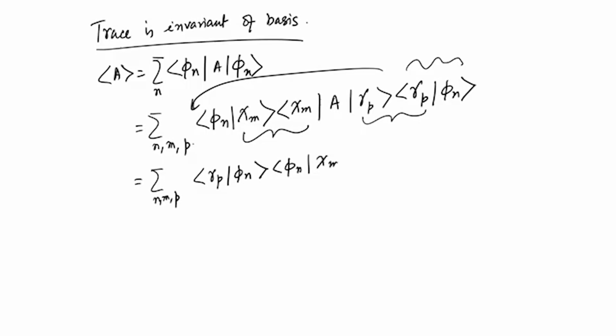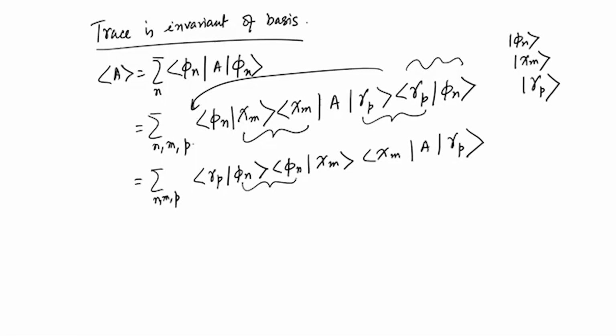Then we have a chi m, and so this chi m, and then there is a gamma p. Okay. So, this gamma p, phi n, chi m, a, gamma p, where all these phi n is a basis, chi m is another basis, and gamma p is another basis, and they all come with different indices, which has been shown here.